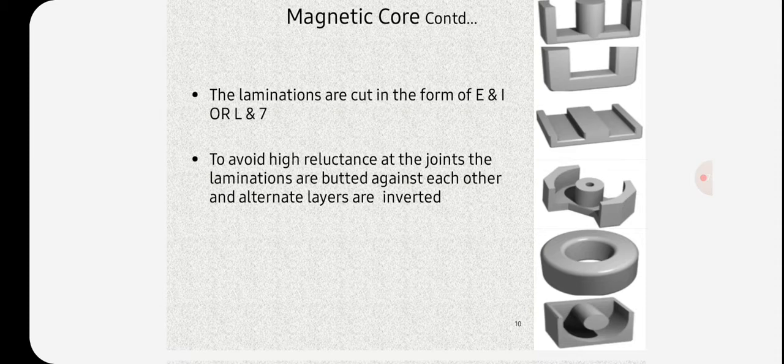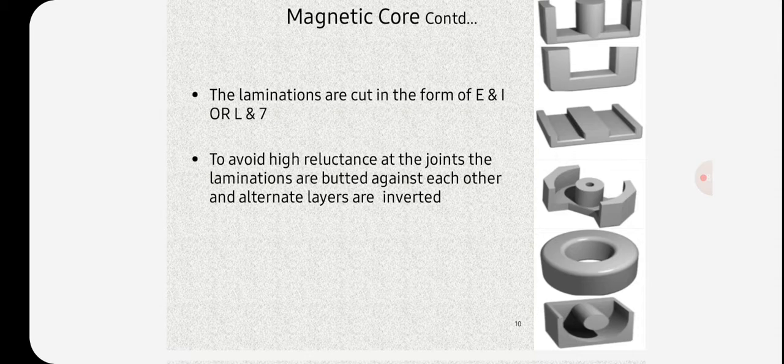Generally, rectangular strips of laminations of suitable width and thickness are placed together to form the core of suitable cross section. Depending on the transformer thickness and weight, they can select these different types of shapes.